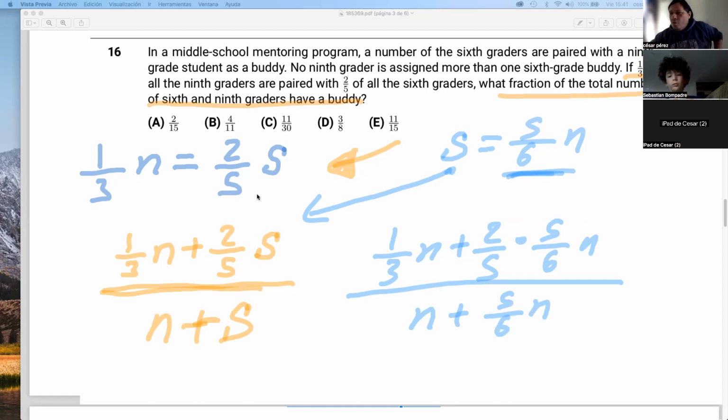Okay. We solve the equation. You can choose if you solve s of n and you substitute. Now we only need to simplify this expression.